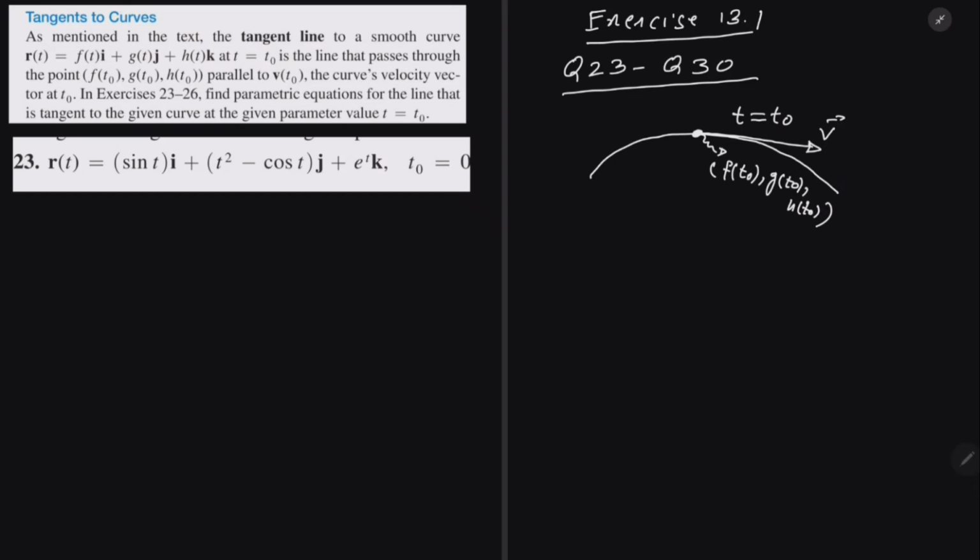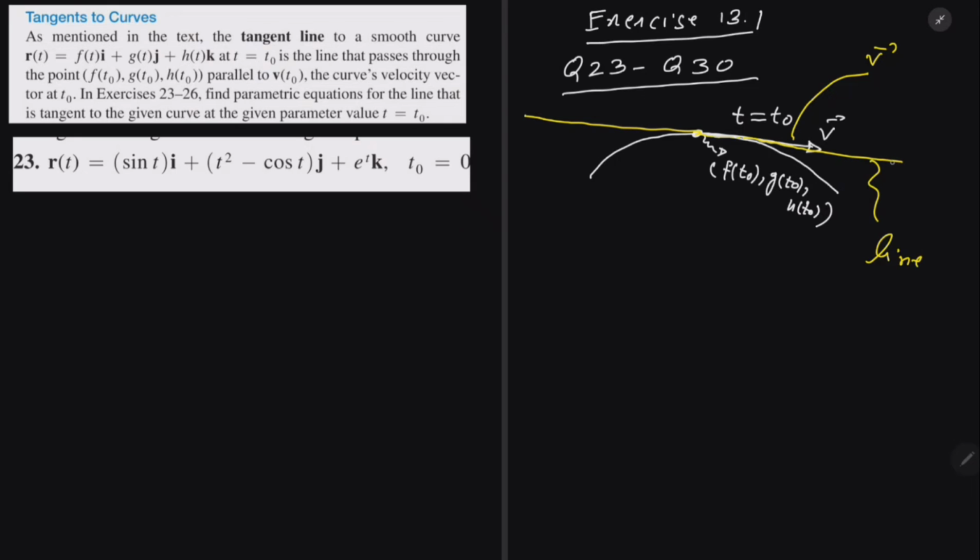The question asks, from exercise 23 to 26, to find the parametric equation for the line that is tangent to the curve. Remember there is the vector v, and there is a line as well.